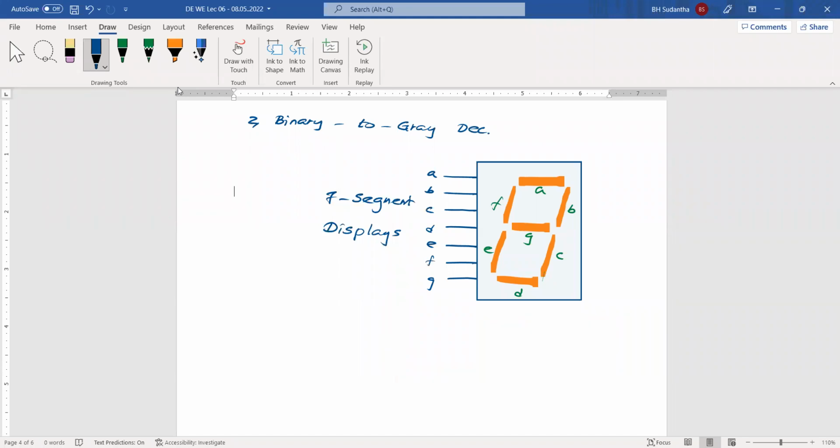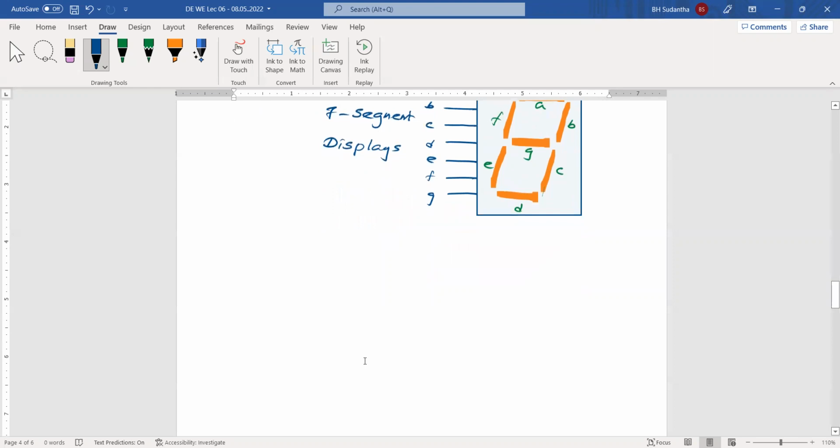Then assume that you have some circuit which is generating numbers, and assume that its output lines are A, B, C, D, like that.